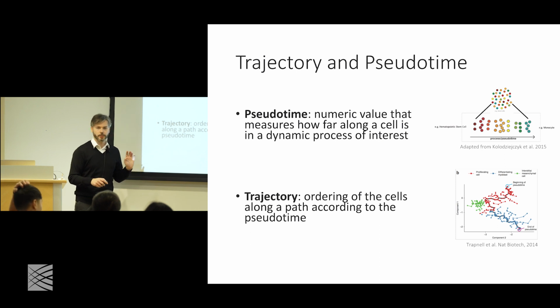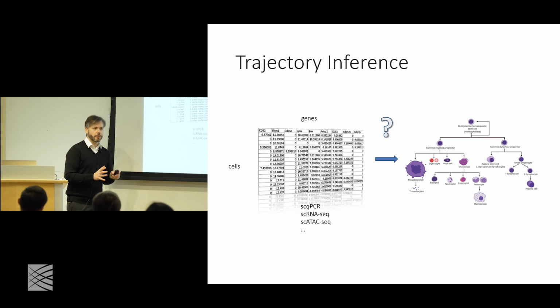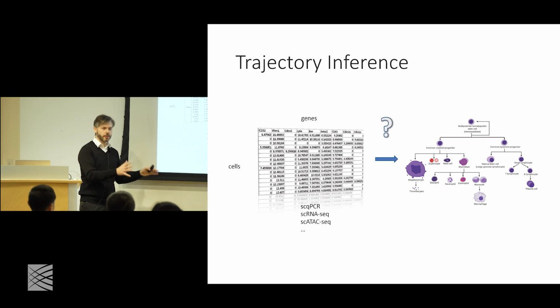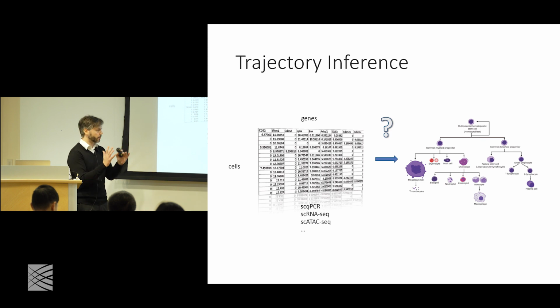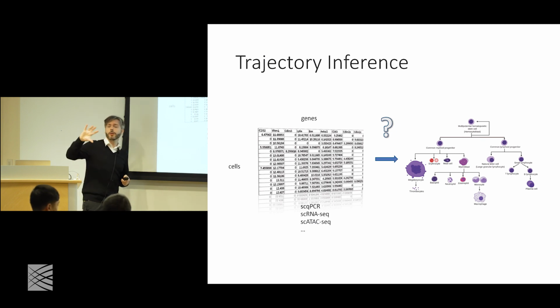Is this clear? Okay. So now, as I mentioned before, the time of measurement is not in sync with the developmental time. So usually you get a snapshot measurement. Coming back to the example of the blood, you measure all the cells, for example, from the bone marrow. And for each cell you have genes, and let's say you have a matrix, right? So the genes are the columns and the cells are the rows, or some people transpose this matrix.